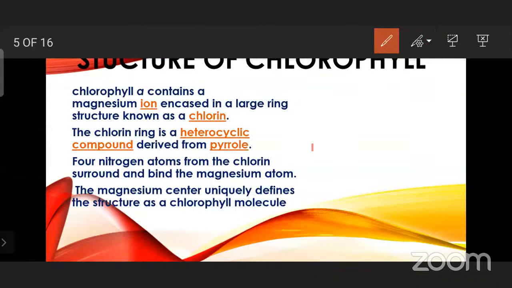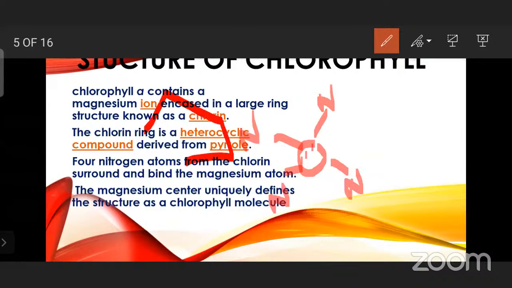So this is the magnesium. Nitrogen, and here we draw the structure, it will be like this.